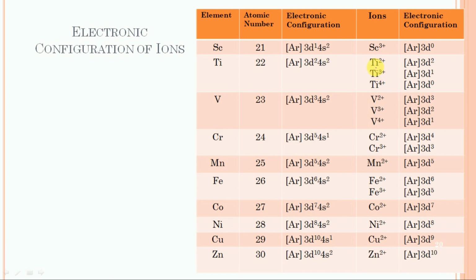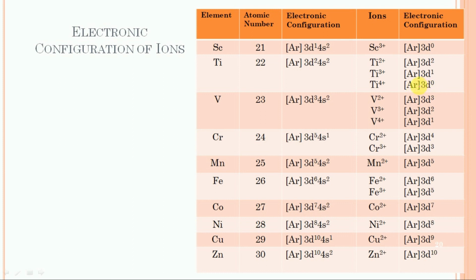Titanium 2+ is formed by removal of 2 electrons, so it is 3d2. Titanium 3+ is formed by removal of 3 electrons, so the electronic configuration is 3d1. Titanium 4+ is formed by the removal of 4 electrons, having 3d0 electronic configuration.